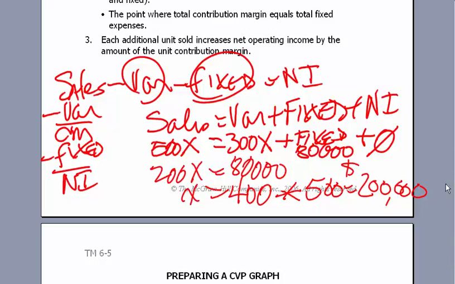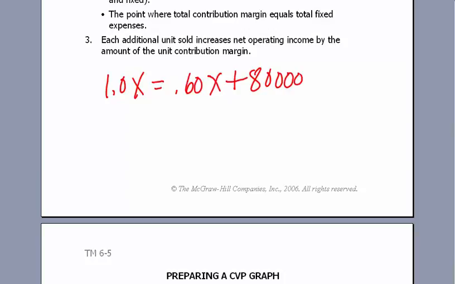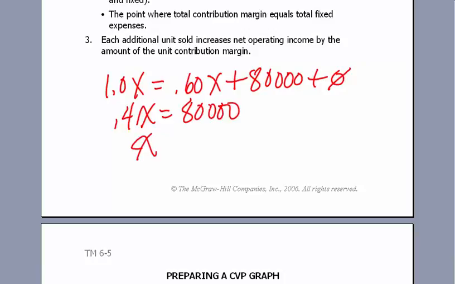If I jiggle this a little bit to get rid of the marks, we can do the same thing, but in terms of percentages. So we can say 1.0X is our sales, equals 60% variable cost plus 80,000 plus no net income. So 0.4X equals 80,000, so X equals 80,000 divided by 0.4, which equals $200,000.